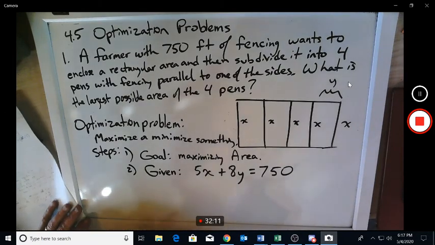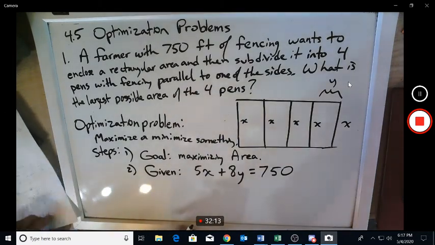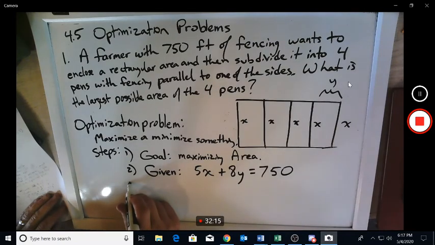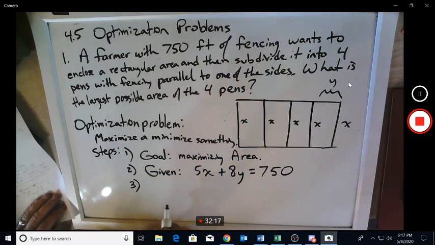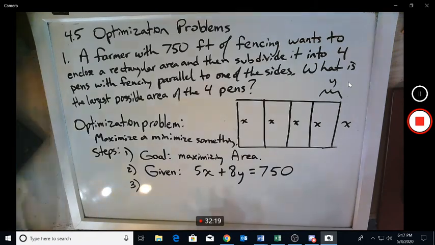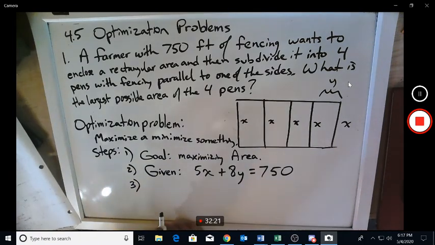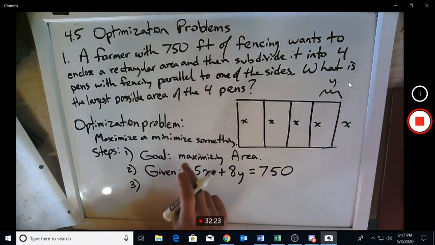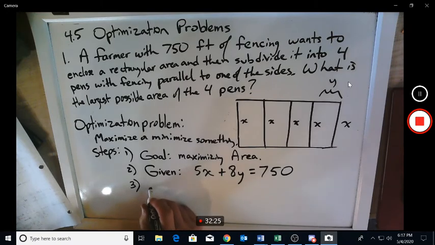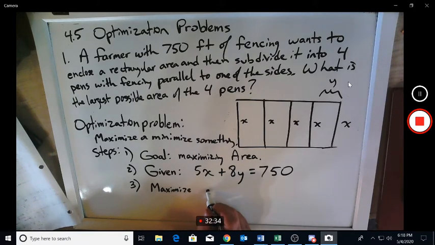And then we go to number 3. We write an equation for the thing that we're trying to optimize. So we're going to maximize what? A, for area.